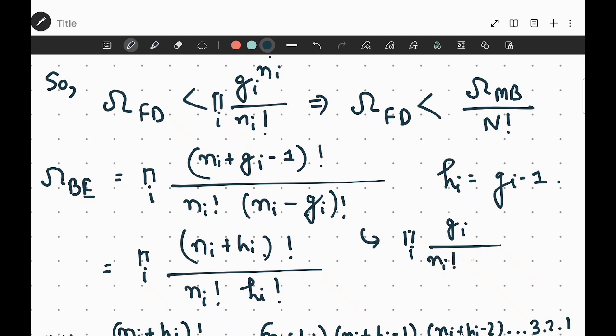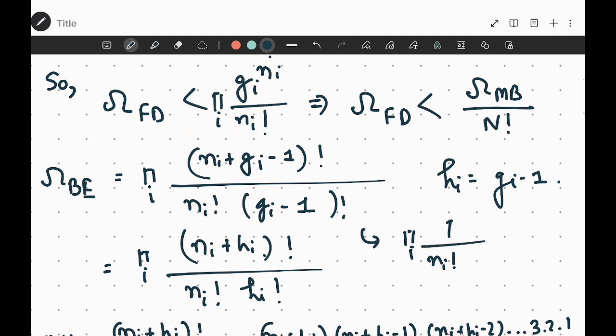Sorry, it is Gi minus 1 factorial, what I have written. So it is just 1 by Ni factorial. You see? 1 by Ni factorial.